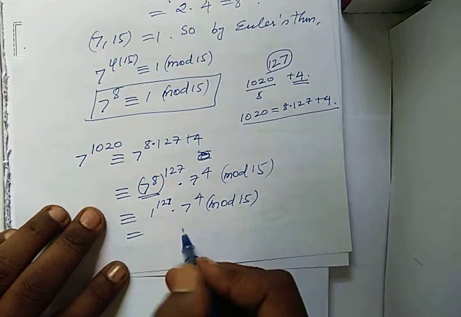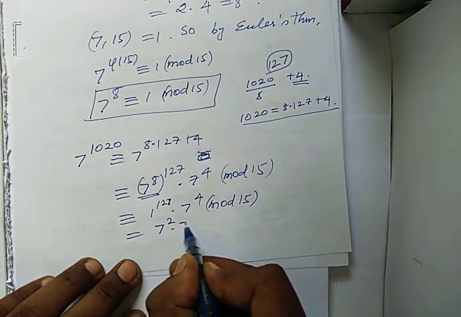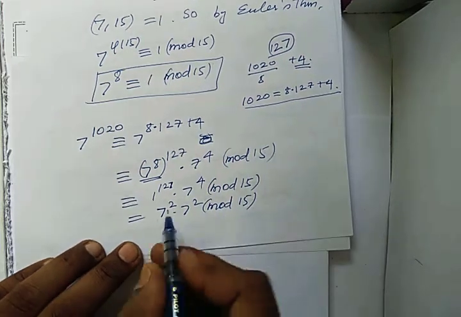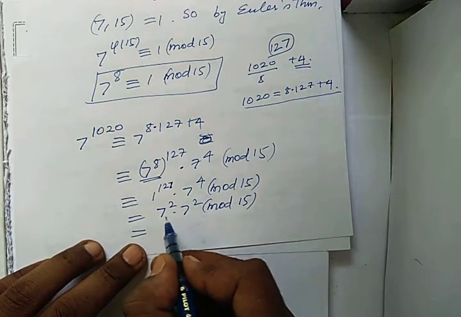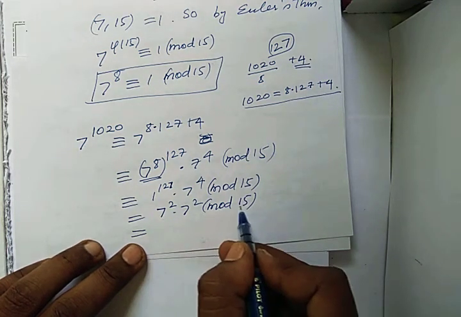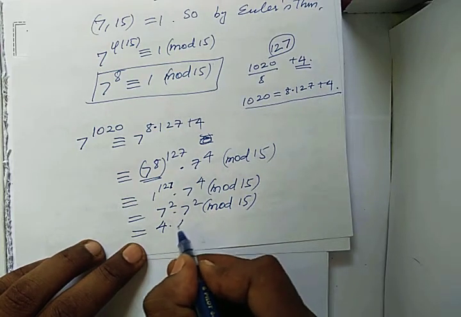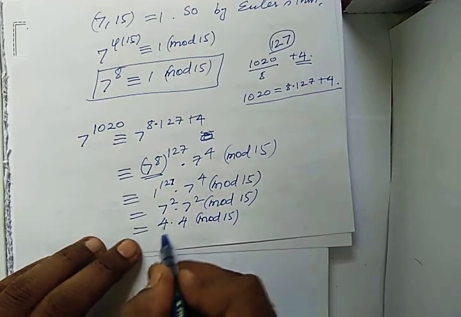So 7 power 4 means 7 square into 7 square mod 15. That means 49. But 49, if you take 3 times 15, 45, so it is 4 into 4 mod 15.